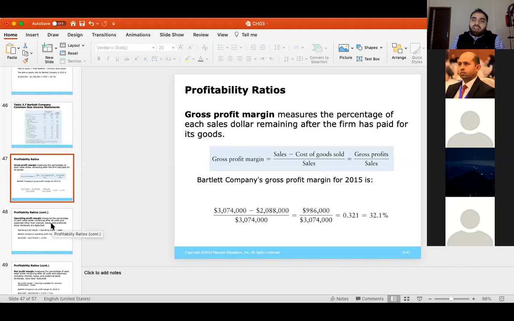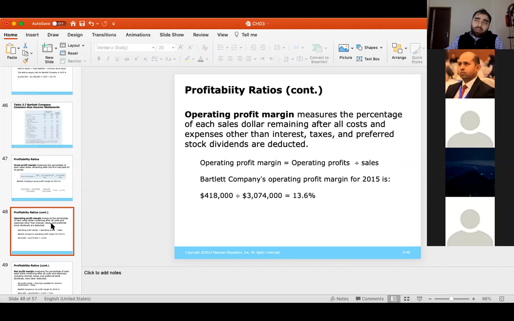And of course, the higher the ratio, the better for the company. Again, to say how much is better, you have to compare with the previous data or previous calculations or a benchmark or the companies listed in the industry.